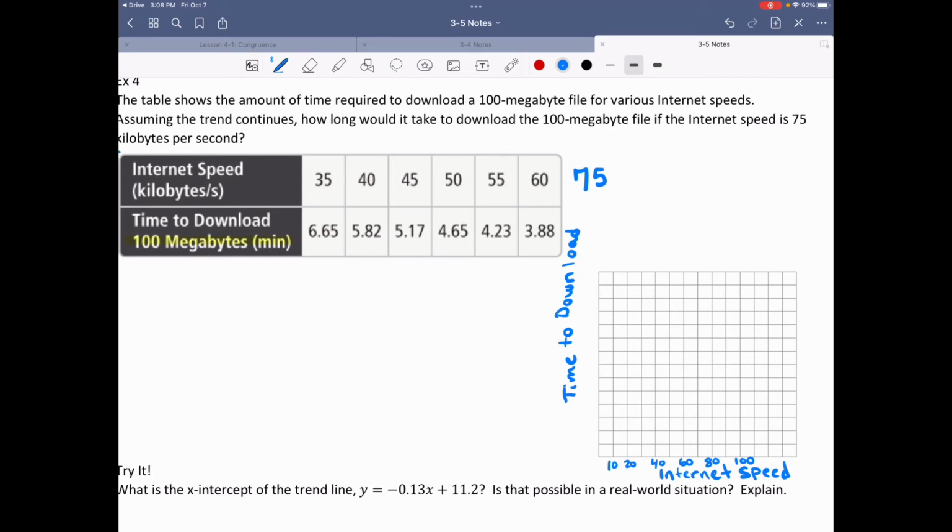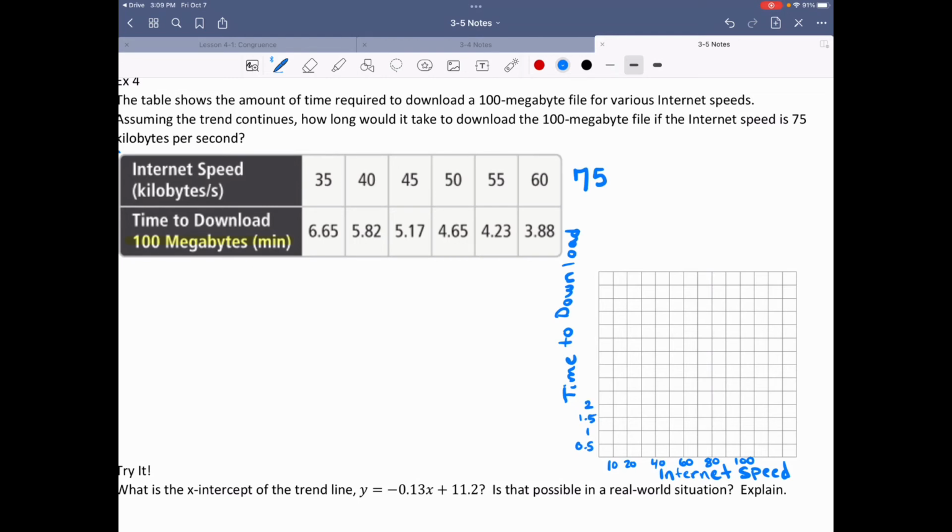The time to download, those are in minutes and they're decimal minutes. We're really not counting up very high. So I think I'm going to count by 0.5s. So this first line would be 0.5, then we would have 1, and then we'd have 1.5, and then we'd have 2.